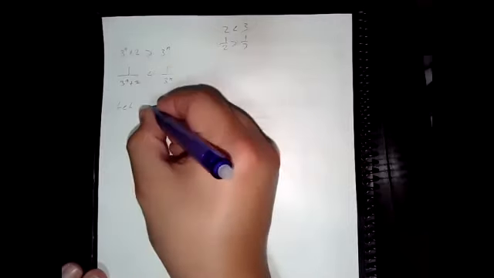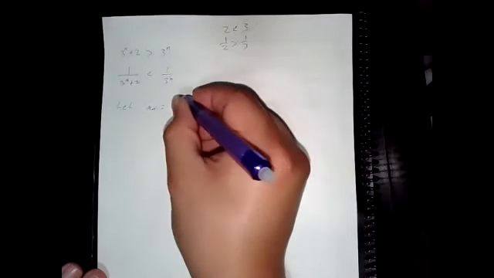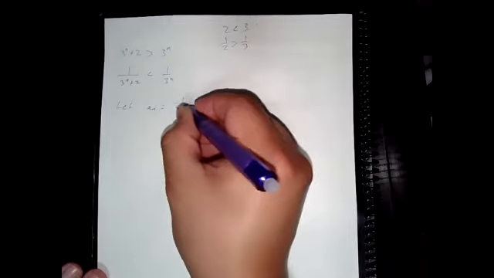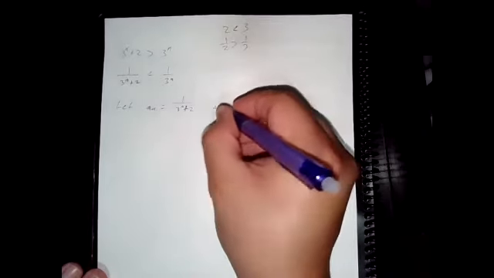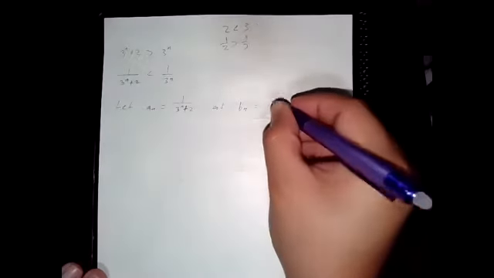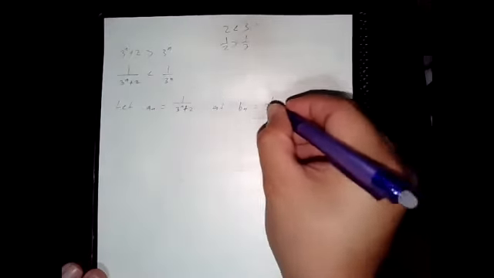So let a sub n equal 1/(3^n plus 2), and b sub n equal 1/3^n.